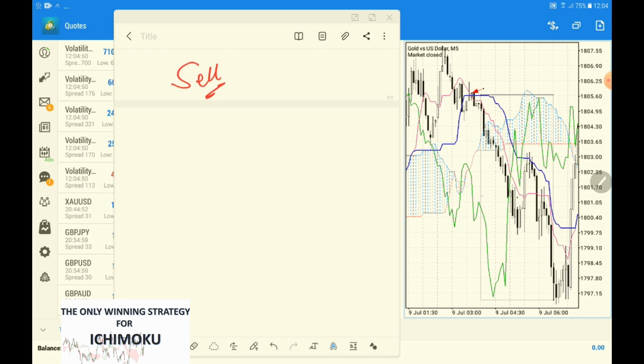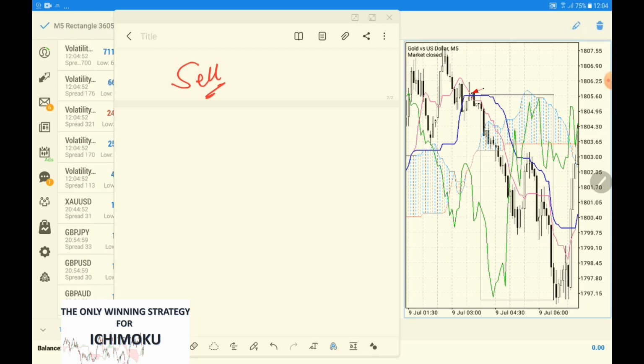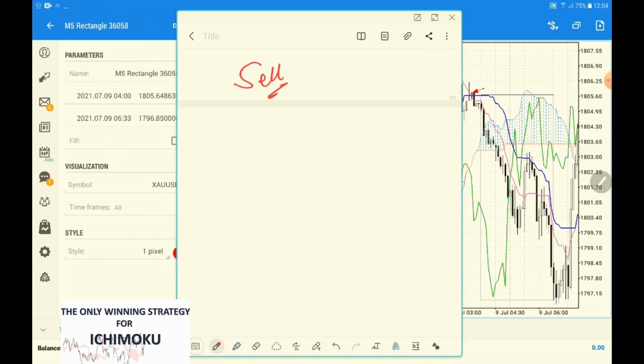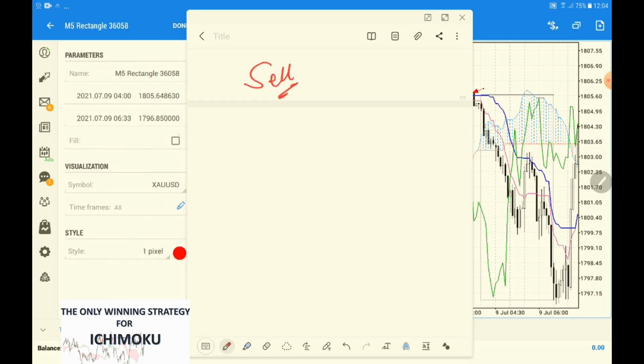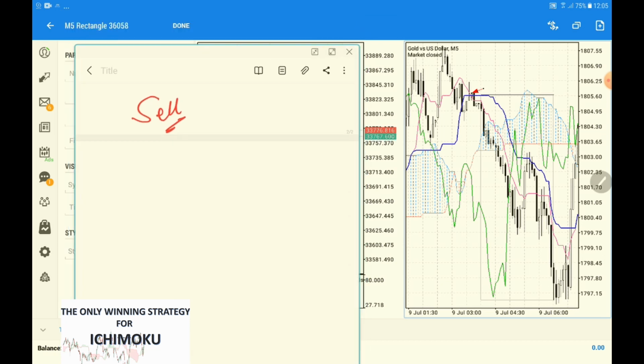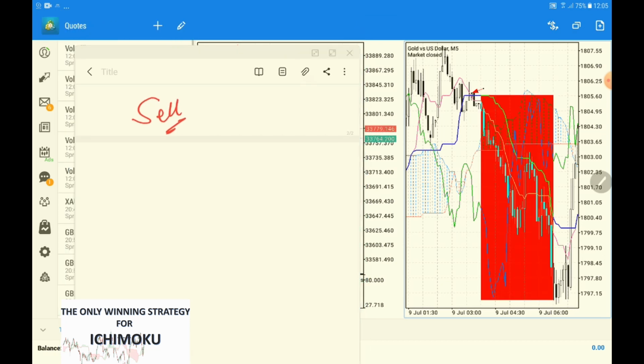Let me fill the space so that we can have a clear idea of what happened. Good one there, let's click done. So it happened right there, but price kept selling right to the bottom. Amazing. This really works, like a miracle.